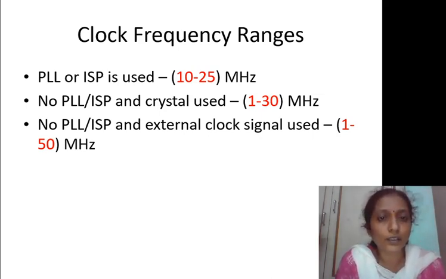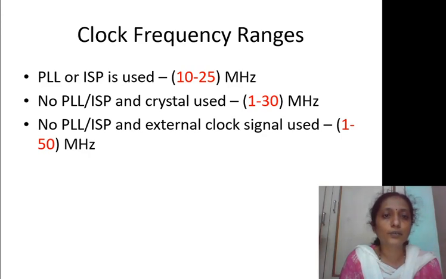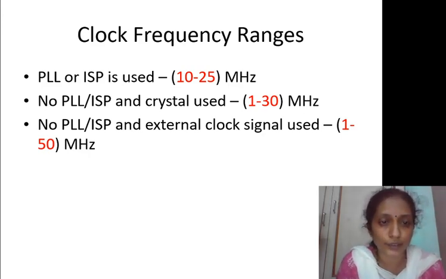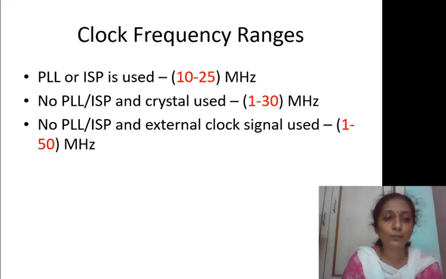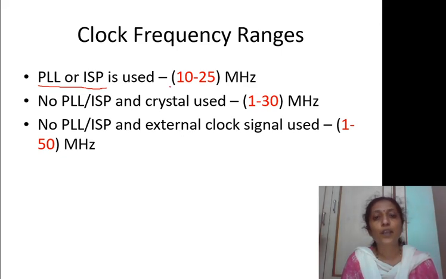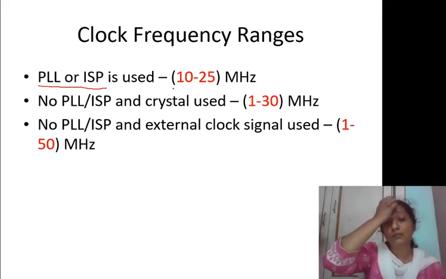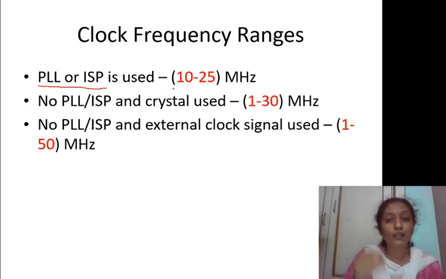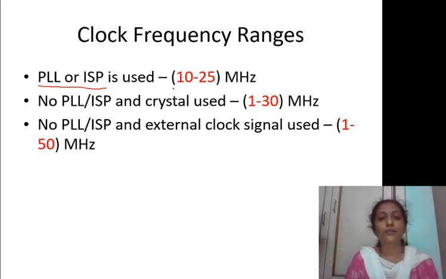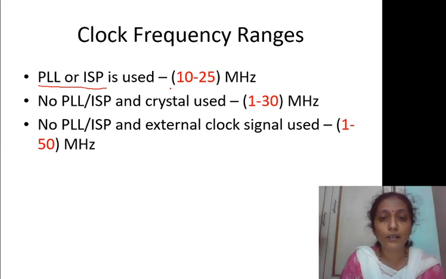In case of LPC2148, it is using an internal PLL. PLL is nothing but phase locked loop, which is available inside the 2148. So if you are using PLL or in-system programming, ISP, it can generate the frequency from 10 to 25 megahertz. The frequency is restricted from 10 megahertz to 25.